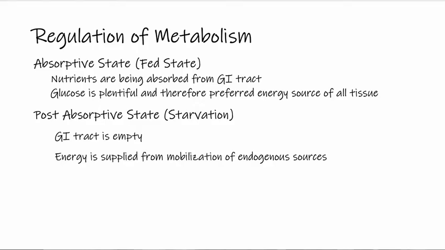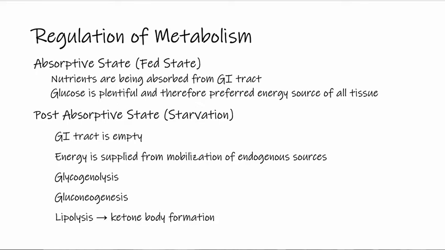So in this case, we are having to mobilize endogenous storage of energy so that it can be used by our body. So during this time, we will see the breakdown of glycogen, freeing up glucose, glycogenolysis. We will see the creation of new glucose, gluconeogenesis, and we'll also see the breakdown of adipose tissue, lipolysis, and that will allow us to have ketone body formation as well as substrate formation for gluconeogenesis.